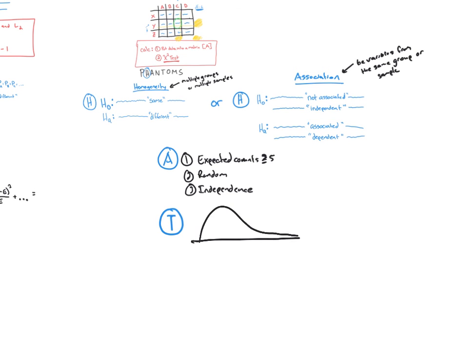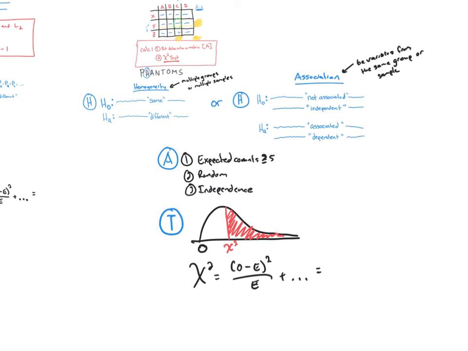It's going to be a skew right curve. You're going to find your chi-squared value on there. You're going to shade to the right, and it uses the exact same formula. Observed minus expected squared over expected plus... Just keep it going for every single cell. Right?